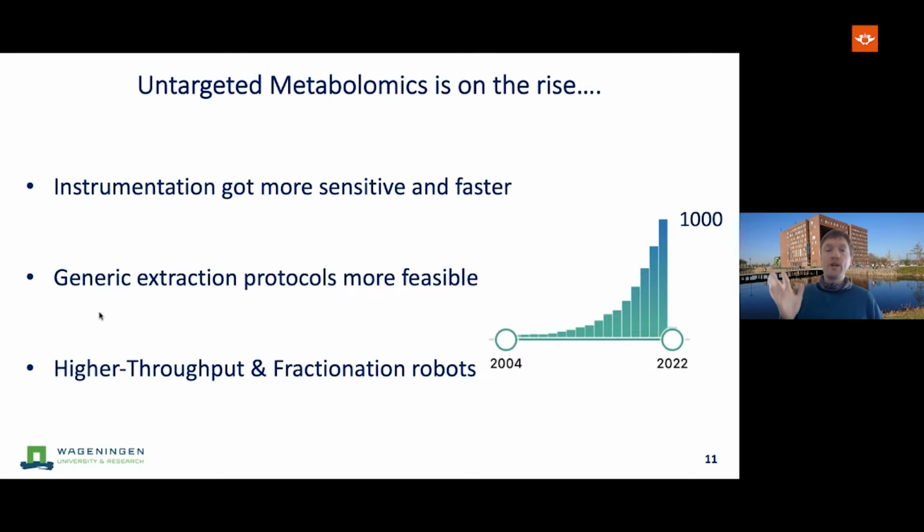You can clearly see that this is growth, right? And I think it's because instruments got more sensitive and faster. We have more generic extraction protocols available to us, it became higher throughput, and we have these fractionation robots that can help us in some labs.